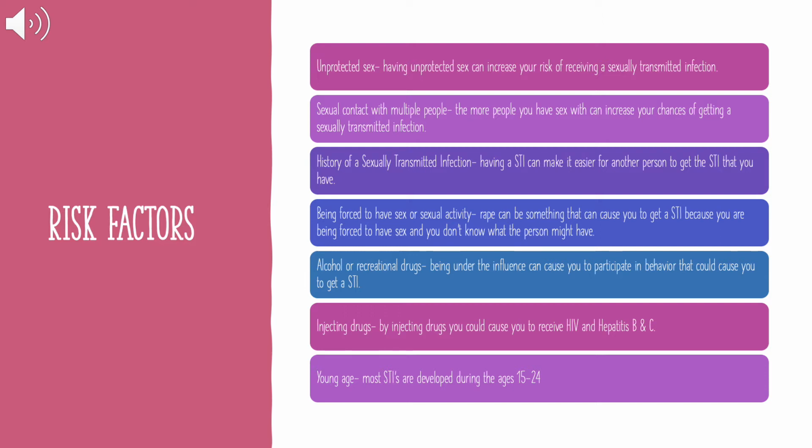So a lot of times they're going to do it anyway, because leading back to alcohol or recreational drugs, in a party setting, you're probably drunk, and some people use drugs at parties. So you're obviously not going to be in the right mindset, and you'll be more likely to participate in those risky behaviors.